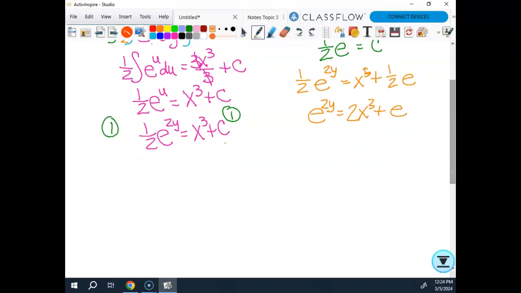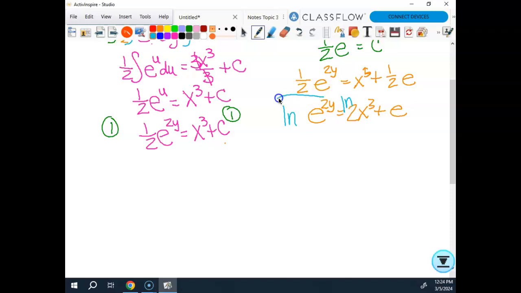Now what can I do to get the 2y out of the exponent? Natural log. Very good. I can take the natural log of both sides. So when I take the natural log of this, natural log over here, then what happens to this 2y?